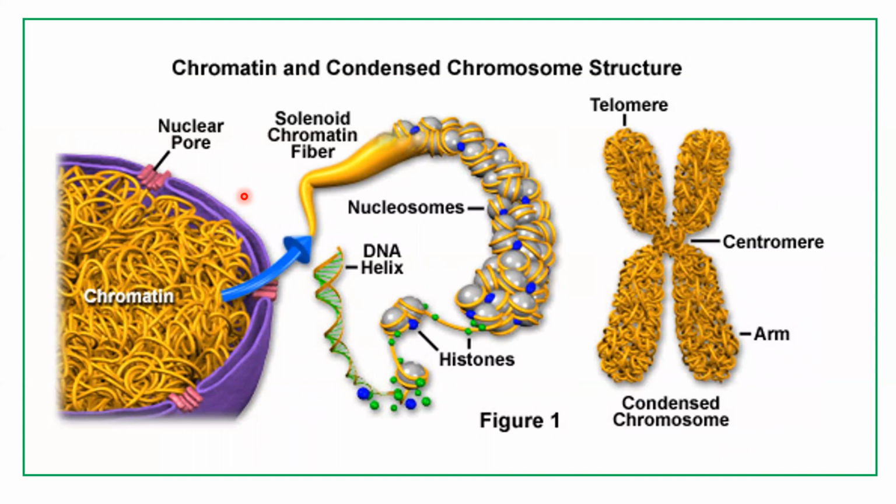So on this diagram, you see a nucleus. This purple color represents the nuclear envelope, nuclear pores, and what is inside the nucleus is chromatin. So it's a pretty loose structure, like spaghetti inside a bowl, right?